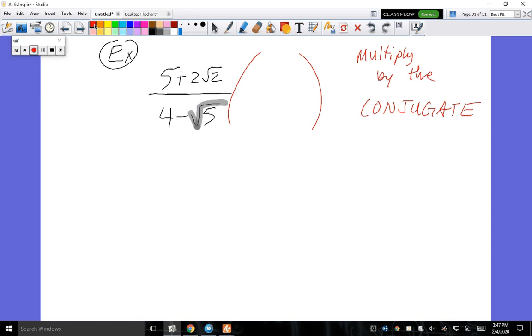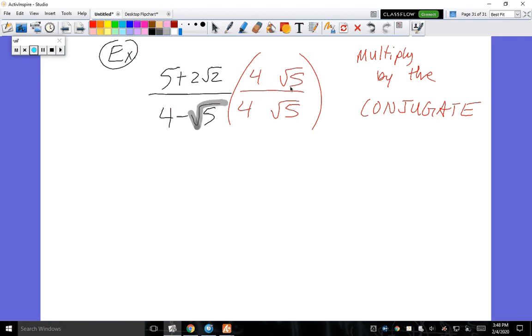Some of you might be thinking, ooh, multiply by that. That won't work, because that's going to create 4 root 5 minus 25, minus 5 on the bottom. So it has to be a little bit more. It will be including the whole bottom.